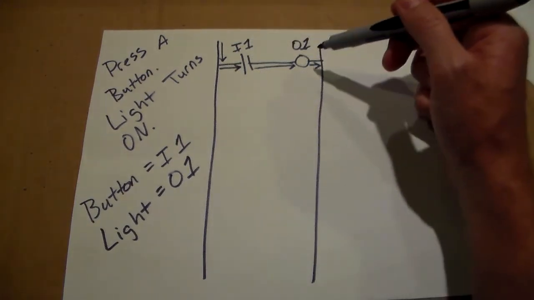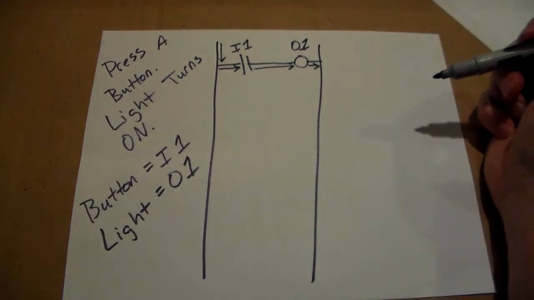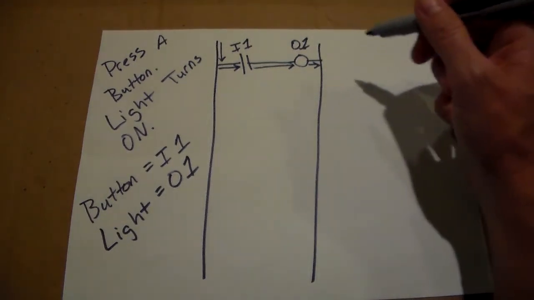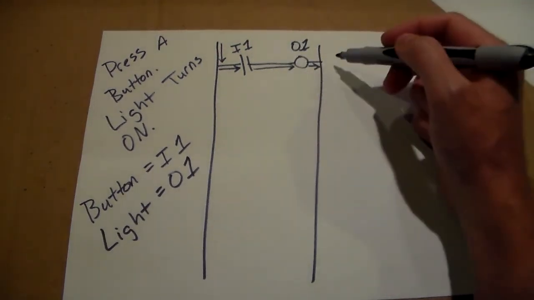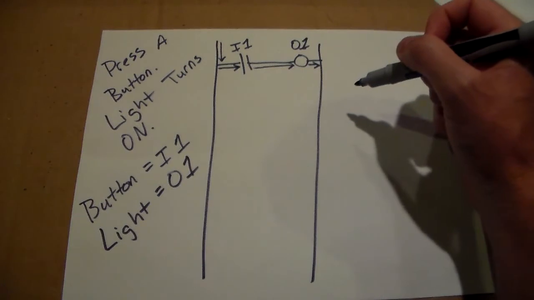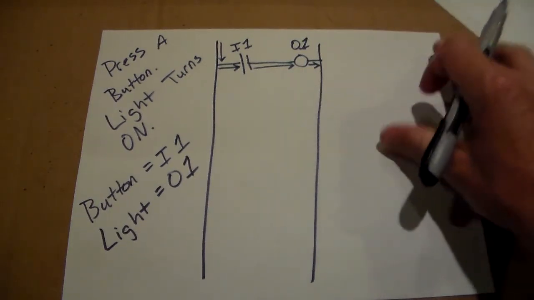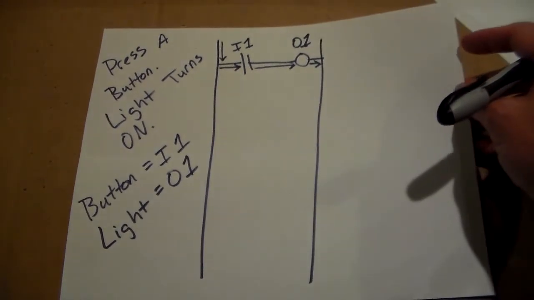One contact, one coil, you press the button, the light comes on. That's a great simple demonstration of addresses in use. And we didn't use internal memory on this one, so let's go to the next. Let's do another one on a different sheet of paper and we'll demonstrate internal memory.